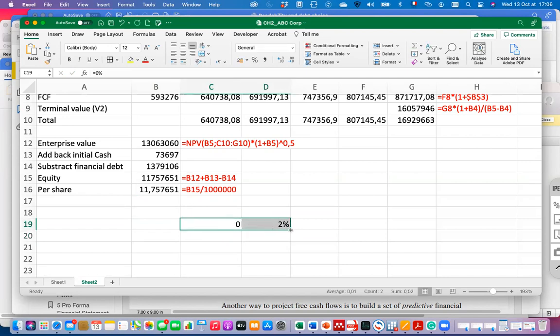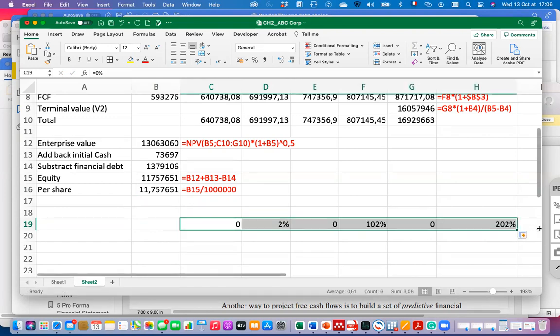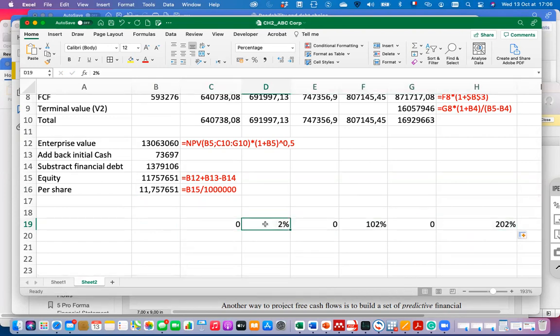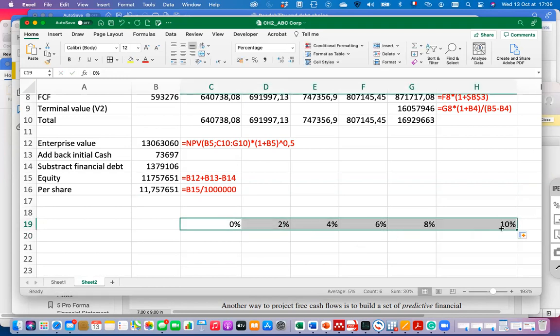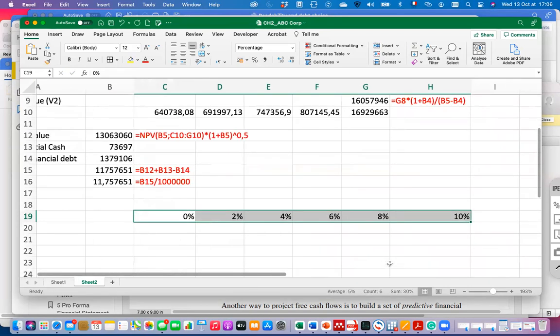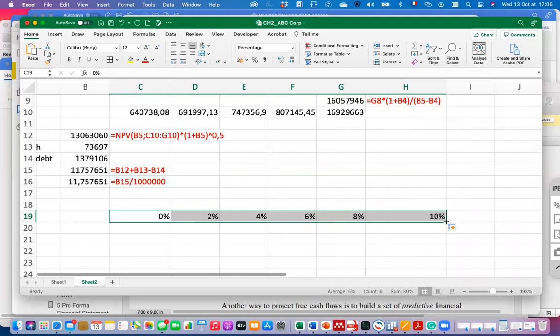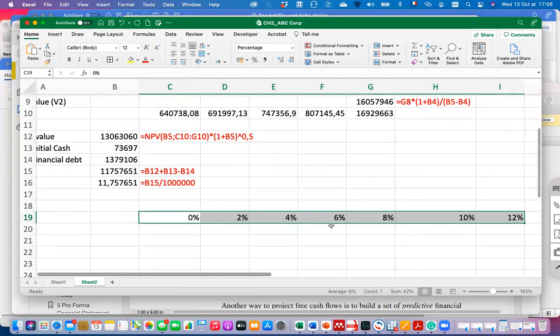I select them and then I scroll to the right hand side. And automatically Excel will add 2% for each cell. Go until 12%.